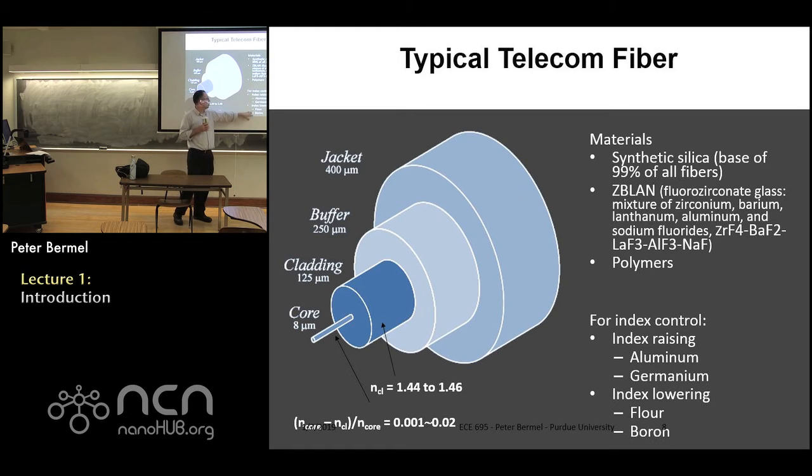You can also lower the index by adding very light elements on the right side of the periodic table, such as fluorine or boron. That means you can readily achieve this range of fractional refractive index differences using a single base material plus some individual dopants.